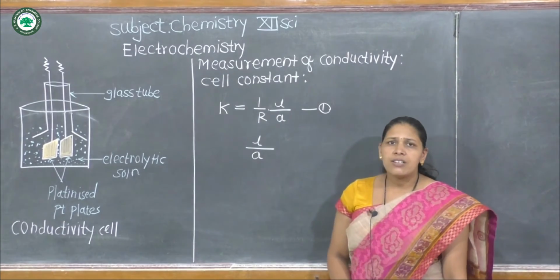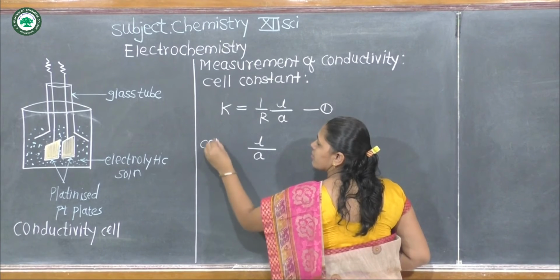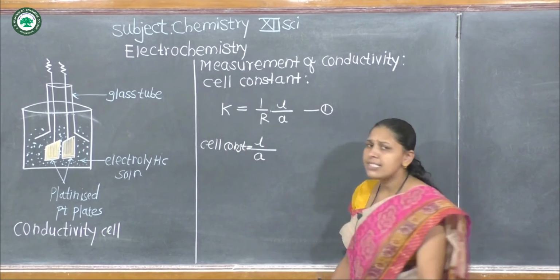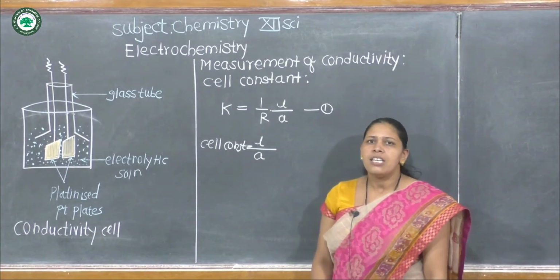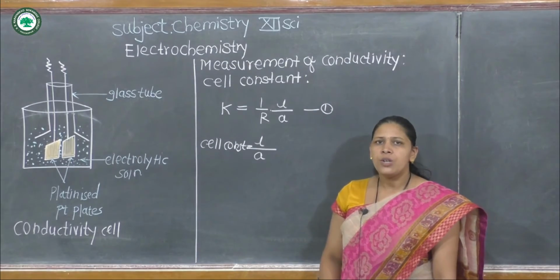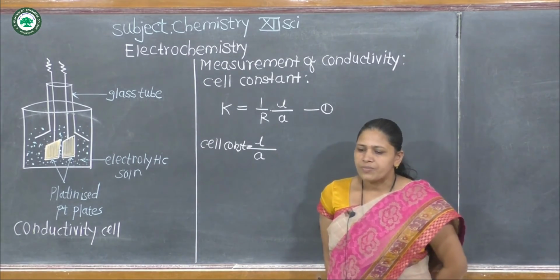Then what is the definition of cell constant? Cell constant is defined as the ratio of distance of separation between two electrodes and area of cross section of the electrode.